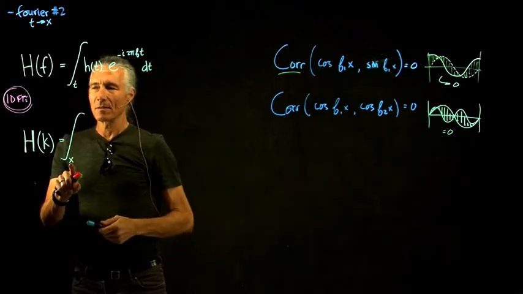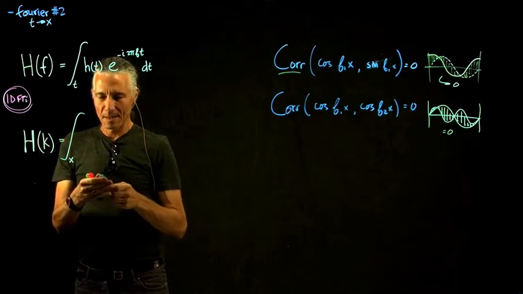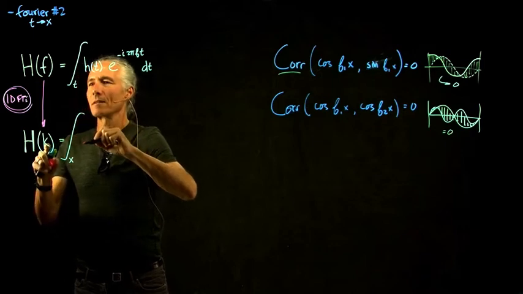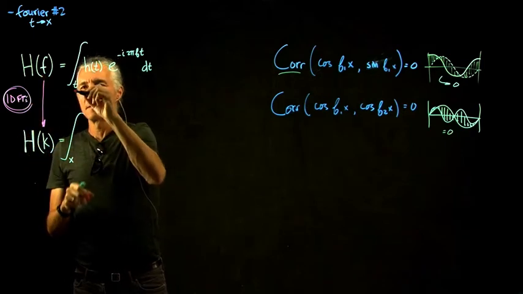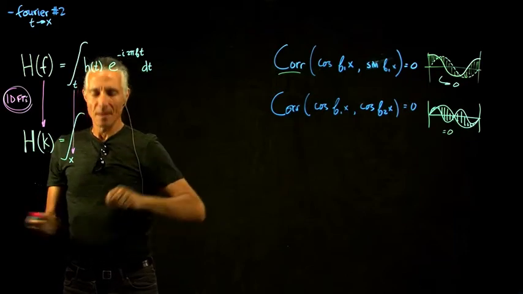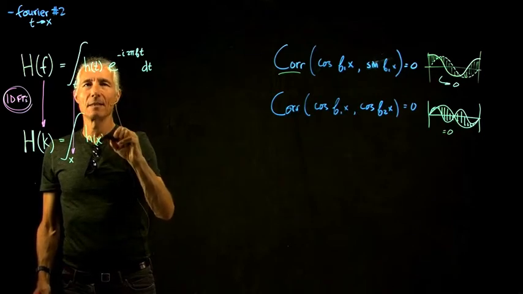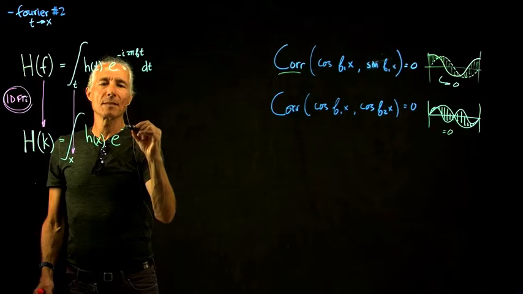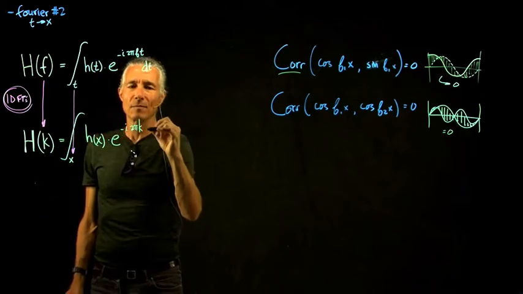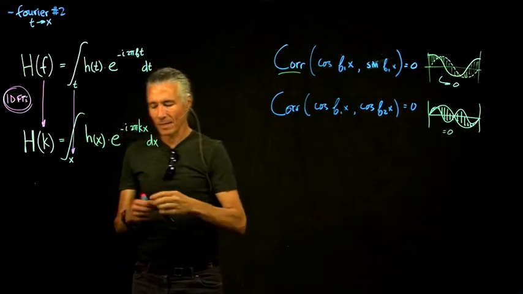So here we go to x instead of t, and frequency goes to k. If we have our function h as a function of x times e to the minus i 2 pi k, because k is frequency, times x, summed across every little bit of space.